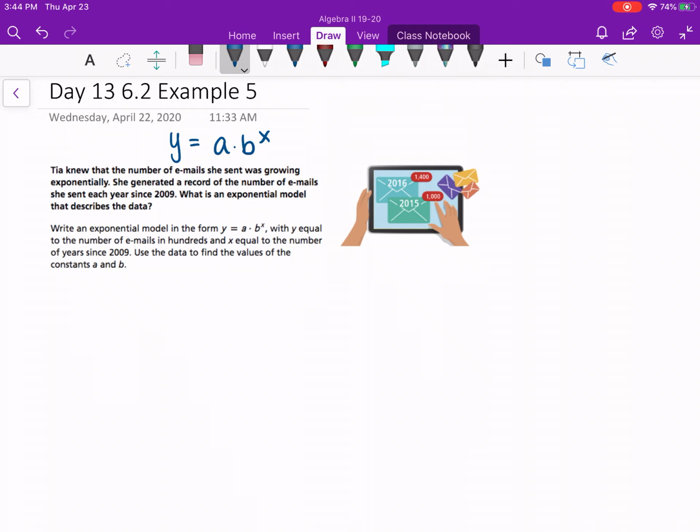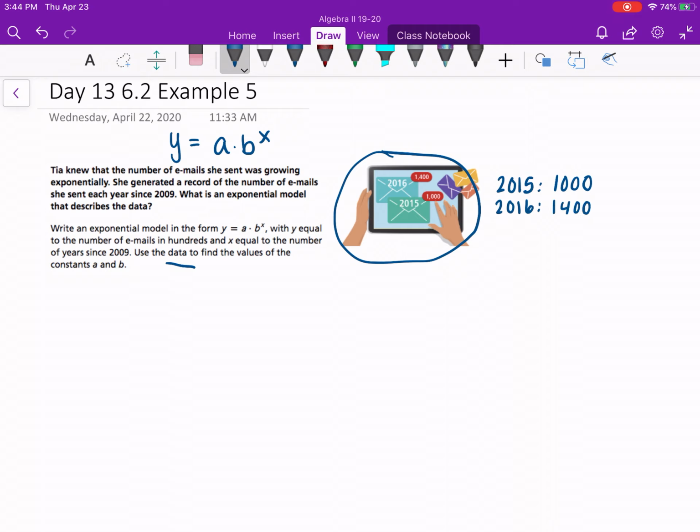So the data that it refers to is this information right here. Without this picture, we would not be able to do the problem. This picture tells us that in 2015, she received 1,000 emails. In 2016, she received 1,400 emails. So we need to fill in the equation a times b to the x and fill in a and b.